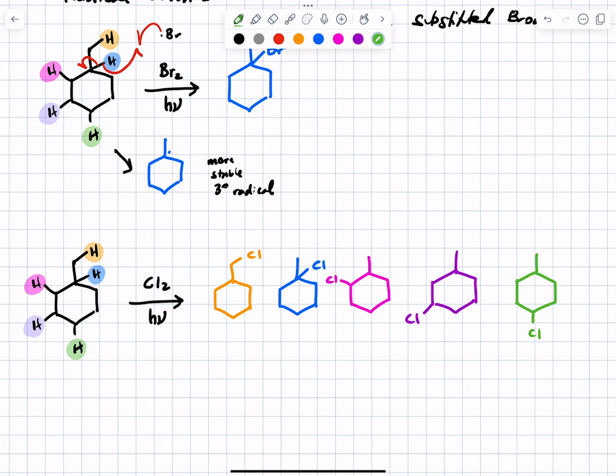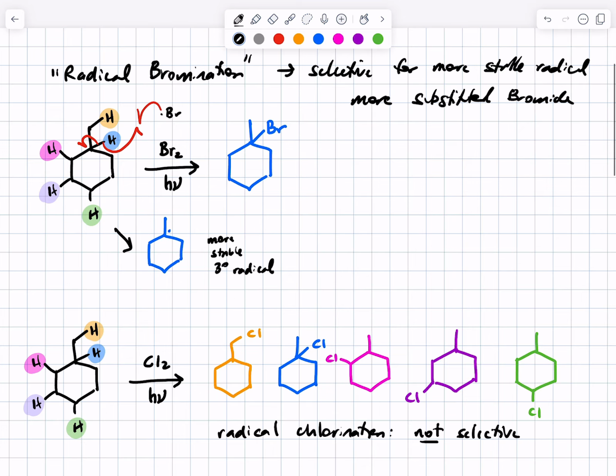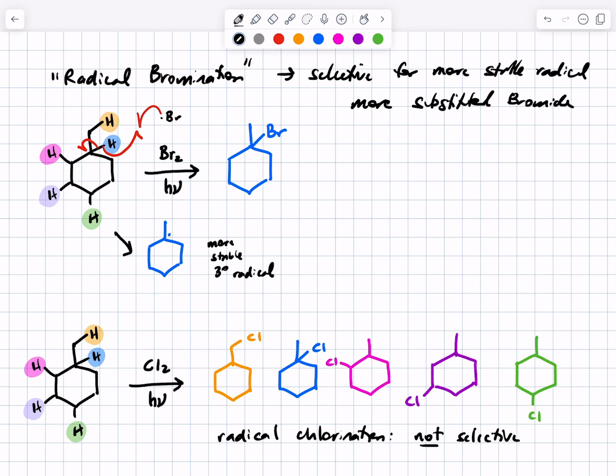In other words, radical chlorination is not selective. You expect a mixture of those products. I will add at this point that I'm showing those radical addition products with straight lines, no dashes and wedges.